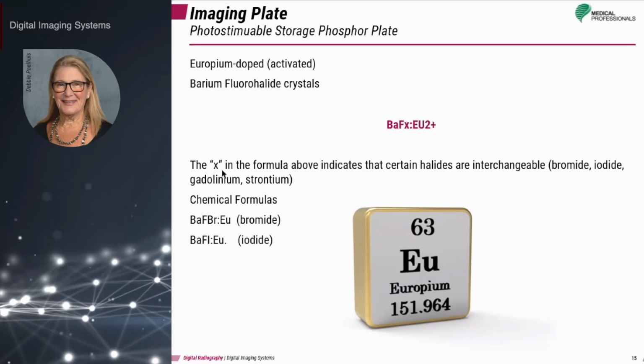Here we see a formula that indicates that certain halides can be interchangeable, such as bromide, iodide, gadolinium, and strontium. And we see the chemical formulas for bromide and iodide. The atomic number for europium is 63.